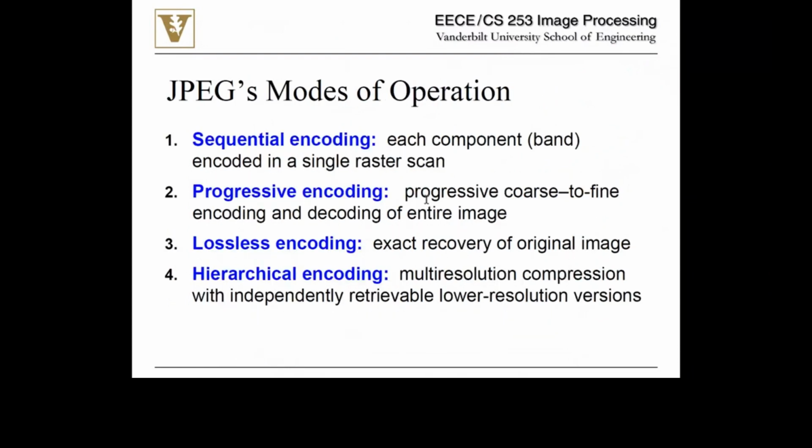The encoder allows different ways of encoding. We will see a few of them: sequential encoding, progressive encoding, lossless, hierarchical. The sequential, for instance, encodes one band at a time.